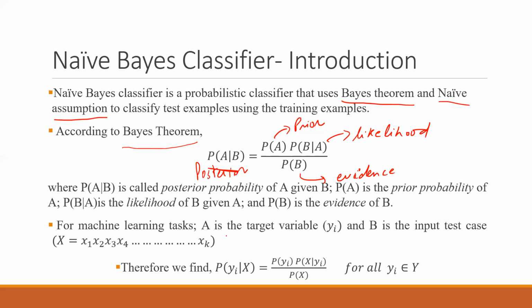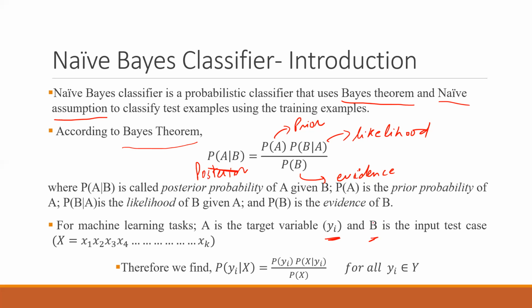So for the machine learning task, A is my target variable, the Y column here, and B is all the X variables, the number of features. Let's say there are K features.